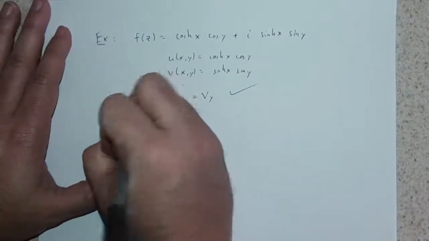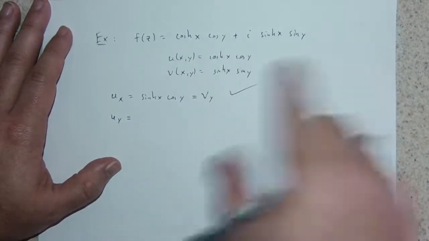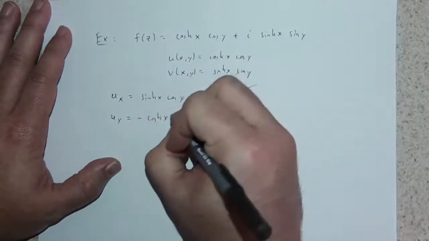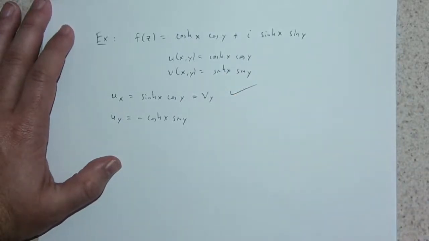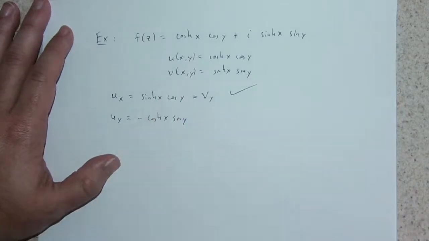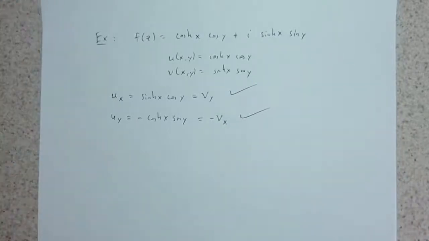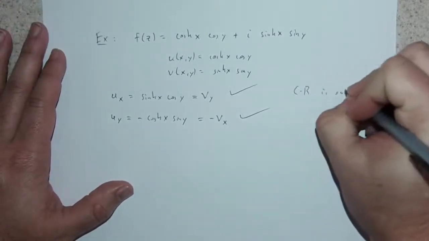What about u sub y? This is cosh x times the derivative of cosine y. The derivative of cosine y is minus sine y. So this is minus cosh x sine y. Well, what is the x partial of v? The x partial of v is cosh x sine y. And I have minus cosh x sine y here, so I have minus the x partial of v. So Cauchy-Riemann is satisfied everywhere.